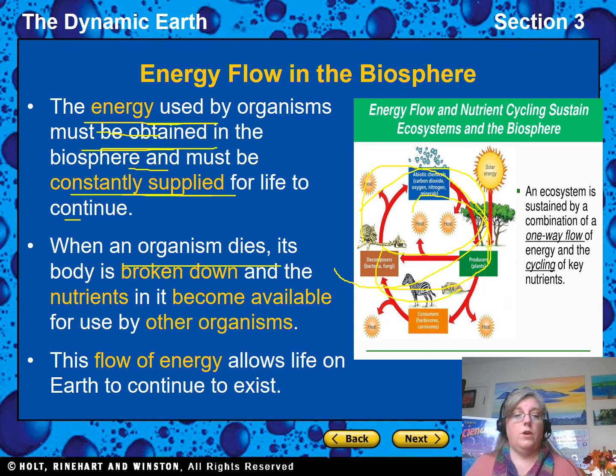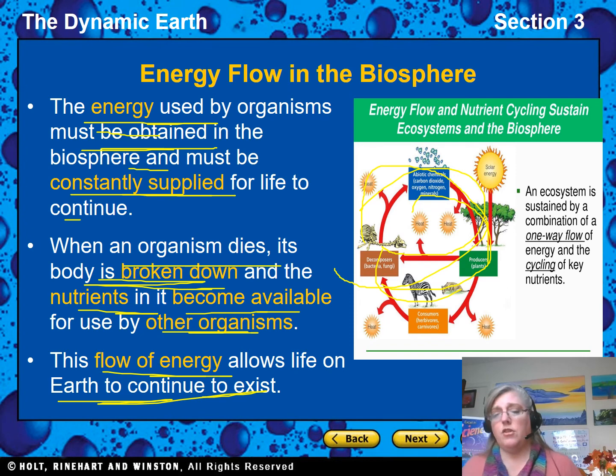Okay. When an organism dies, the body is broken down and the nutrients become available to other organisms. This flow of energy allows Earth to continue to exist. So it does sound creepy to be eating dead things, but that's exactly what's happening, except that it's not dead things anymore. The decomposers break down the nutrients, and then the plants use those nutrients to start the next cycle.